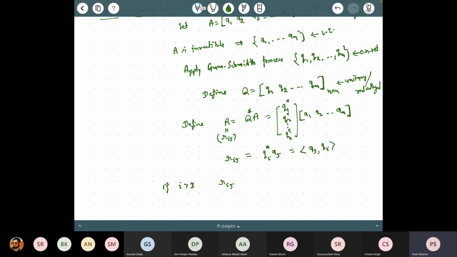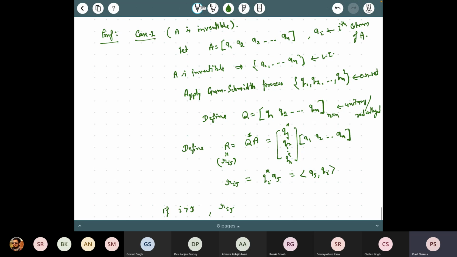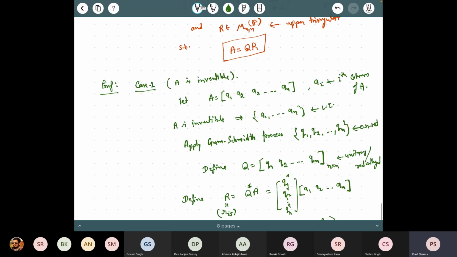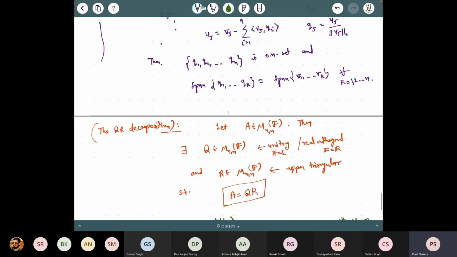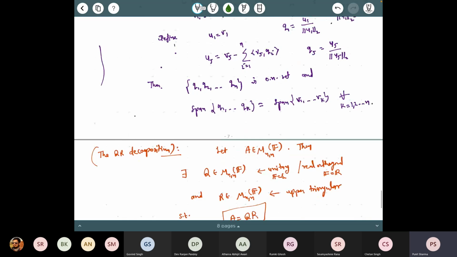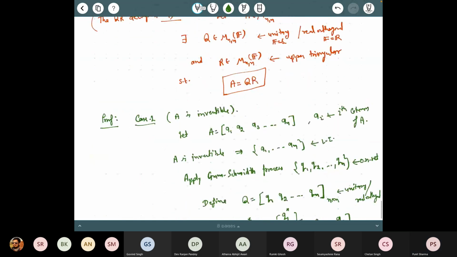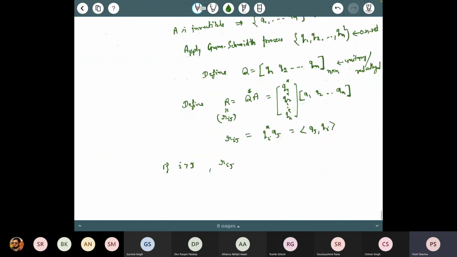Remember, this Q1 to Qn have been formed using the Gram-Schmidt process, and in Gram-Schmidt we know that the span of A1 to Ak is the same as the span of Q1 to Qk. So from here you can say that when i is greater than j, Rij is 0.